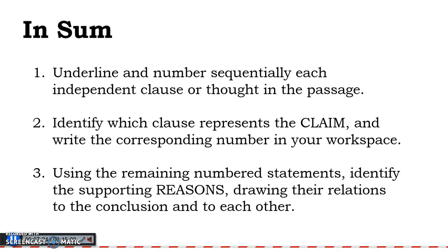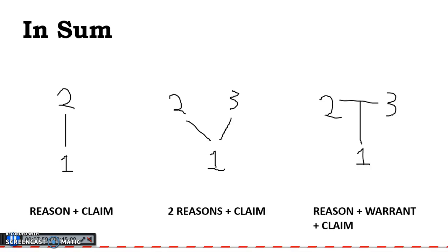In sum, these are the steps once again. We first start by underlining and numbering each independent clause or thought. We then identify which number clause is the claim and put that at the bottom of the workspace. And then 3, we use the remaining numbered statements to identify the supporting reasons and then draw the relationships. Here are 3 kinds of relationships we looked at. Reason plus claim, it's a very simple argument, 2 descending to 1. Or also 2 separate reasons producing a claim, like so.